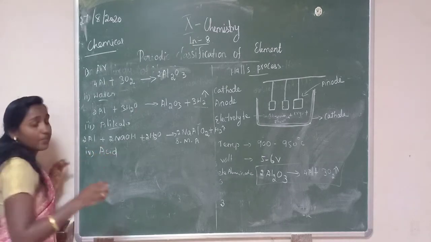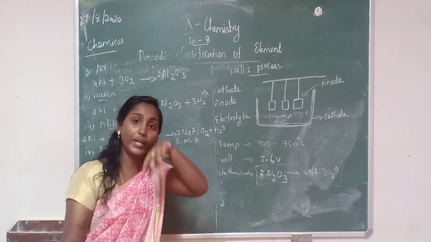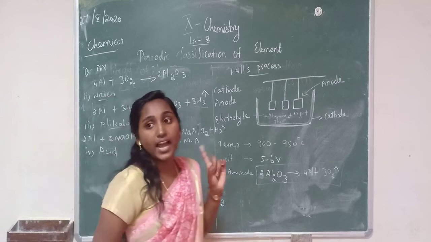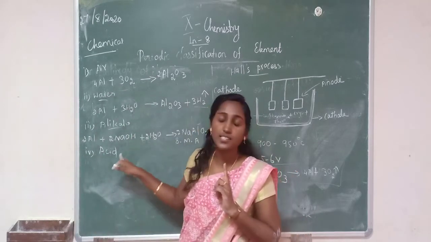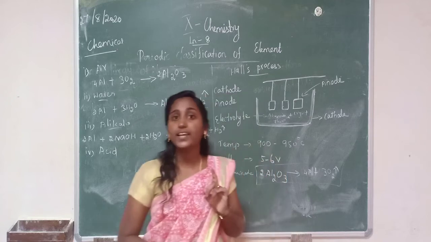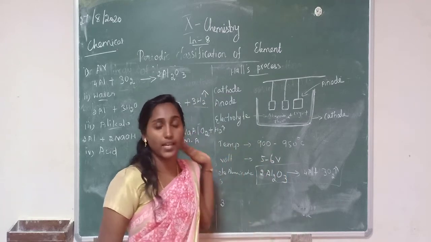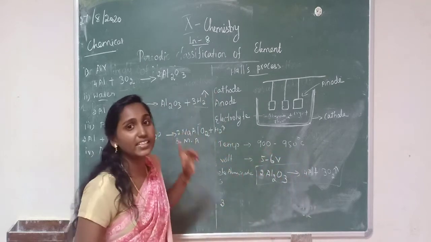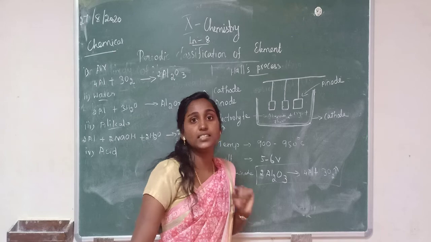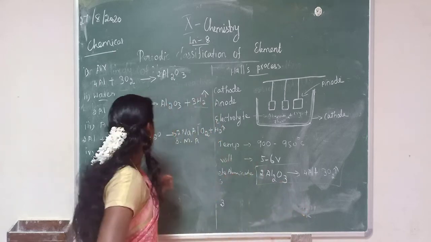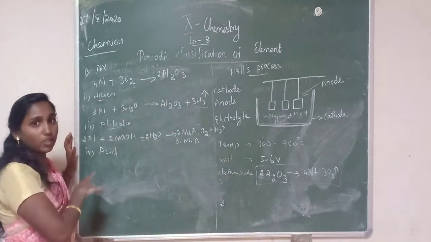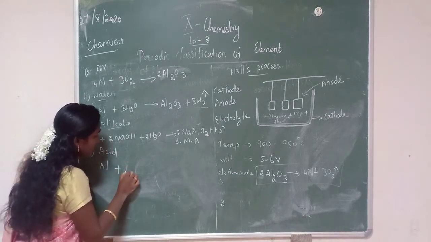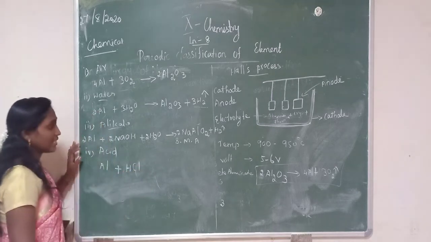Reaction with acid, maybe sulfuric acid, hydrochloric acid or nitric acid. One important thing: sulfuric acid and hydrochloric acid can react with aluminium metal, but nitric acid does not react with aluminium because it renders the aluminium passive due to the formation of an oxide layer. We can see the example of hydrochloric acid, HCl.